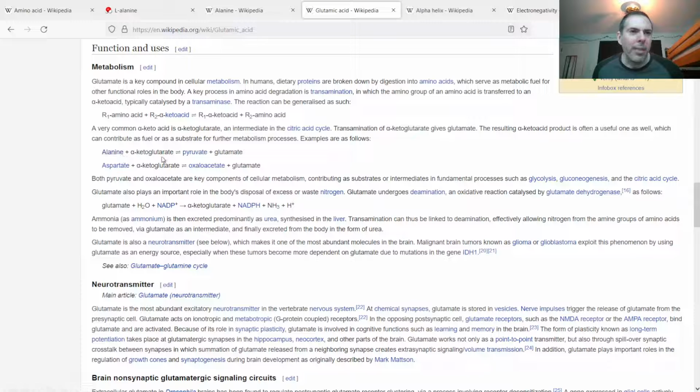So alanine combined with alpha-ketoglutarate can produce pyruvate and glutamate. And if that doesn't make any sense to you, just know alanine is an amino acid, glutamate is another amino acid, and alpha-ketoglutarate and pyruvate are mostly associated with the citric acid cycle for metabolism, but they're definitely common molecules that'll come up.